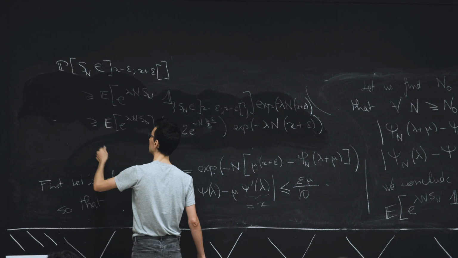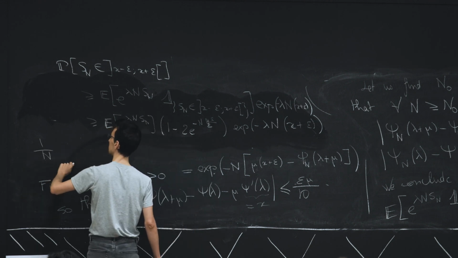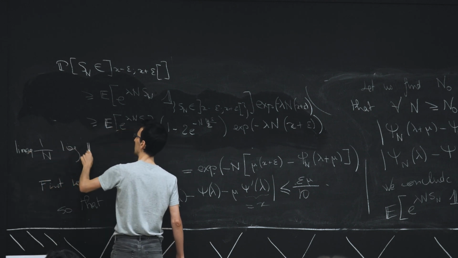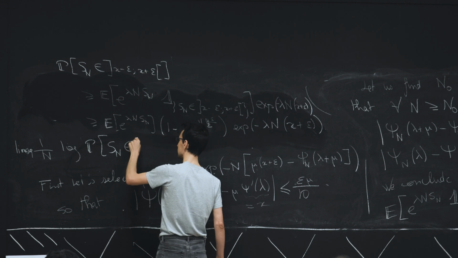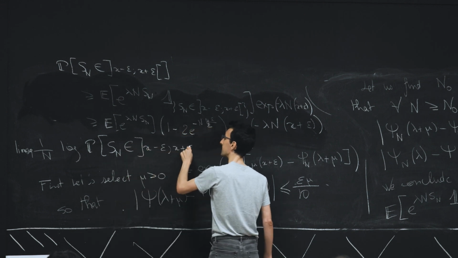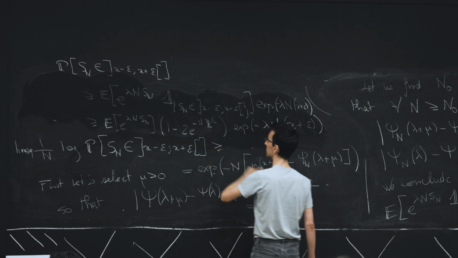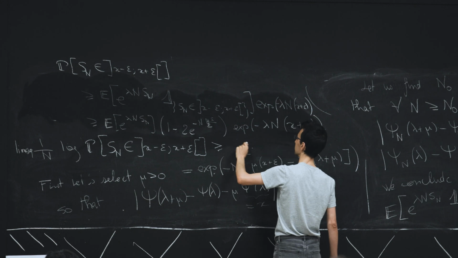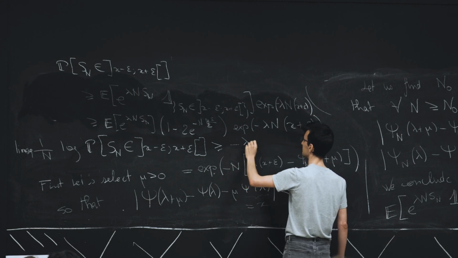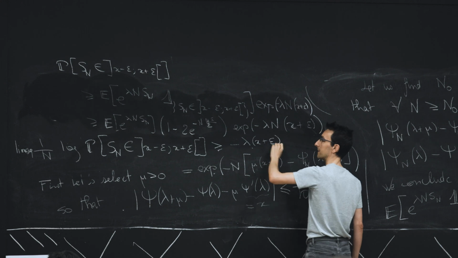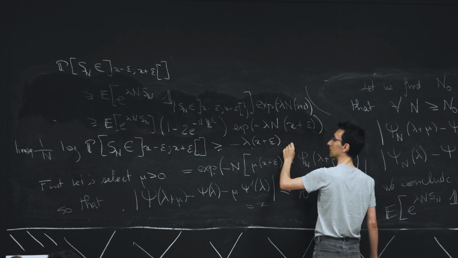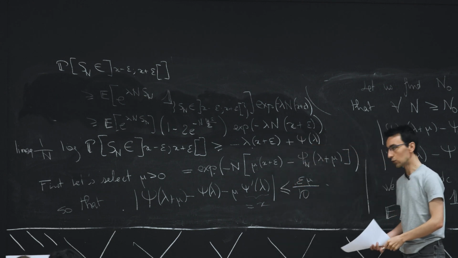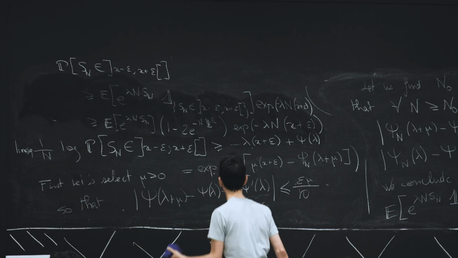So in the limit, once we take 1 over n, the lim sup of 1 over n log probability that Sn is in this interval, we're going to get that it is greater than minus lambda x plus epsilon plus psi of lambda. And this is really what I wanted.